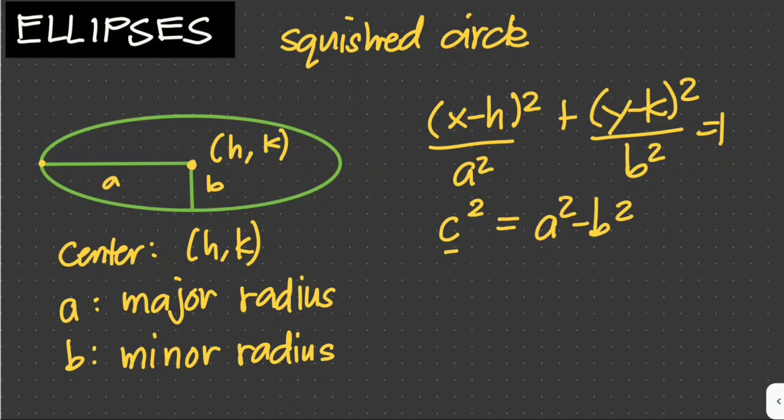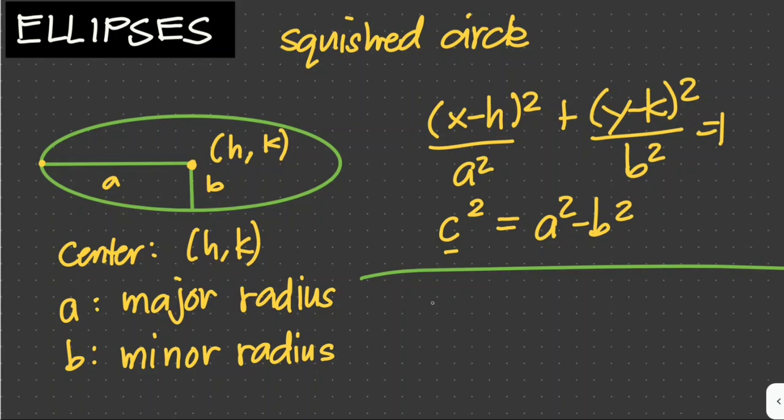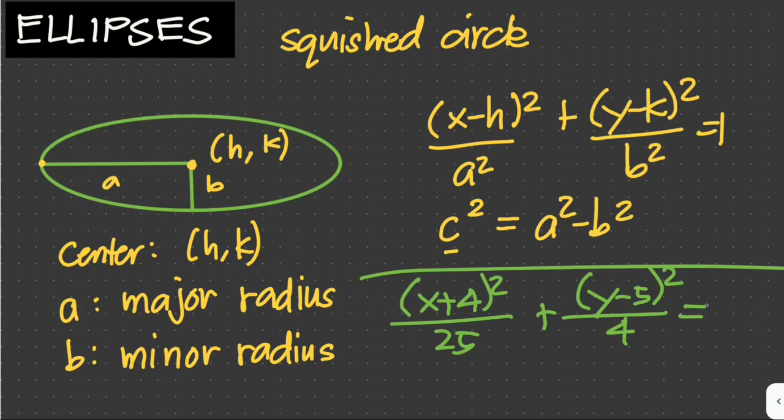Okay, say for example, we're given here this problem: x plus 4 squared over 25 plus y minus 5 squared over 4 equals 1. So 25 here is our a squared, and then 4 here is our b squared.